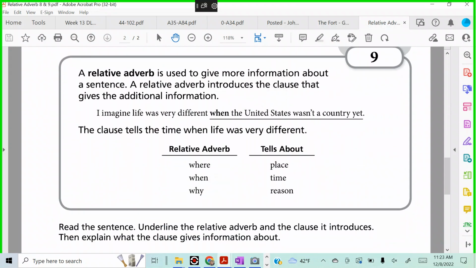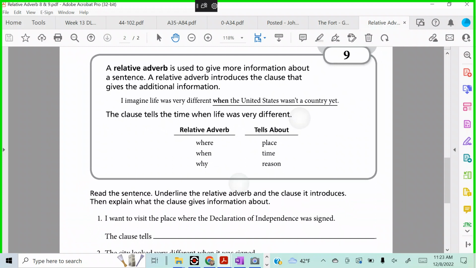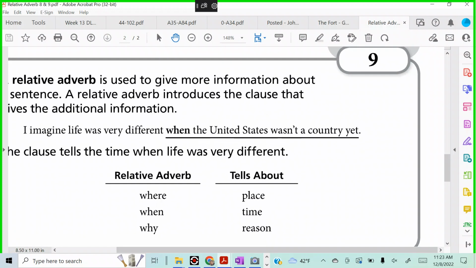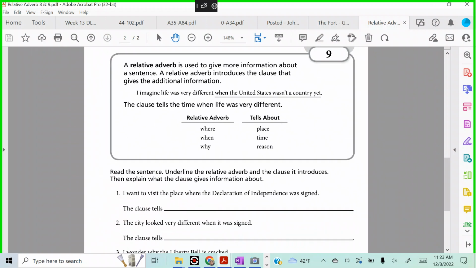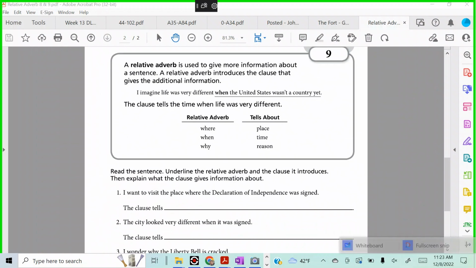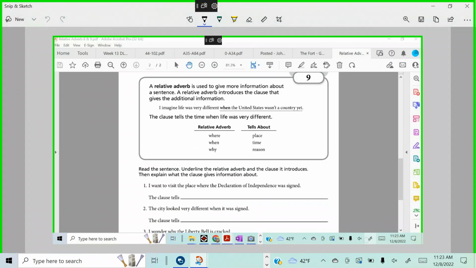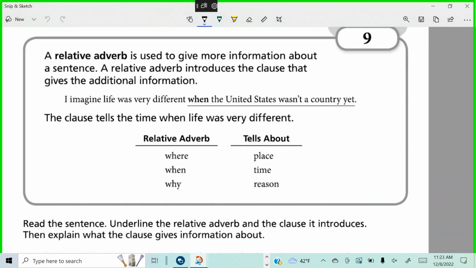Again, relative adverbs are used to give more information about a sentence. Where, when, and why. It tells a time, place, and a reason. So let's look at this example. Here it is. AJ, I'm putting you on the spot. I imagine life was very different. Is that by itself a complete sentence? Yes. I, subject.